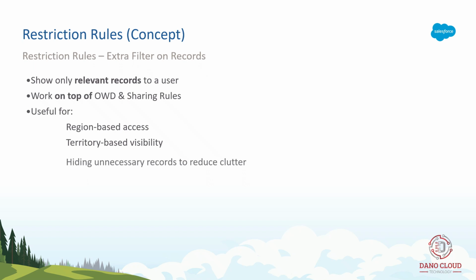To create a restriction rule, you choose the object, the filter conditions, and the profile or permission sets to which the rule applies. So you can think of restriction rules as visibility filters on top of your existing sharing model.